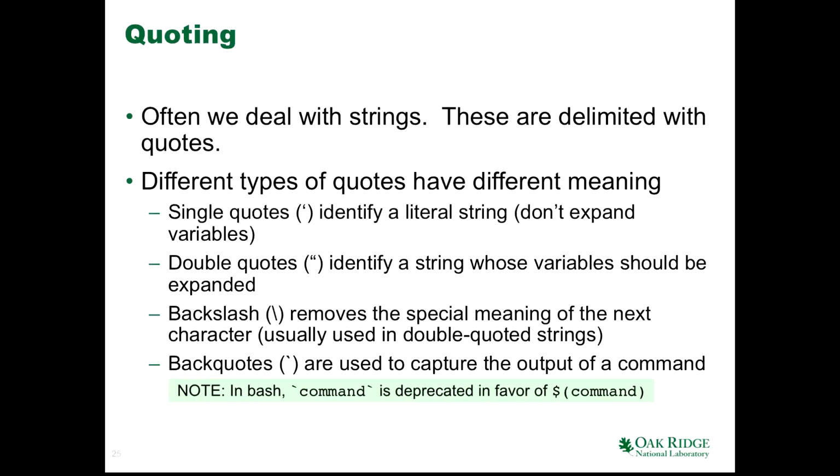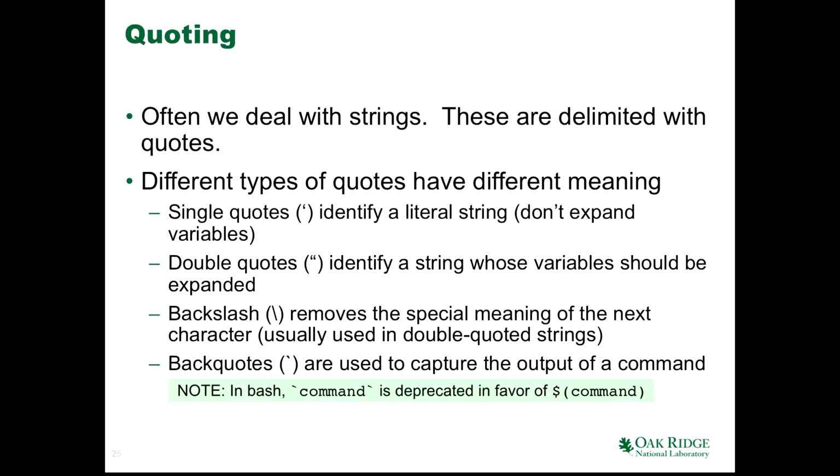And there's several different types of quoting that we can do. The single quote, otherwise known as apostrophe, identifies what we call a literal string. So that means if we have some special characters that we'll talk about in there, the special characters don't have special meaning. The $ is actually a $.